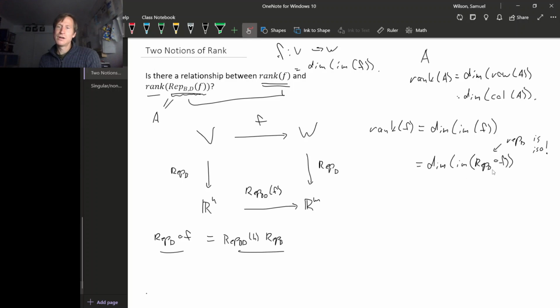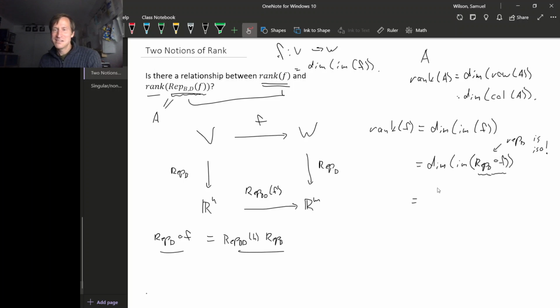Since rep D is an isomorphism, it can't collapse down any more vectors, so it can't make the image any smaller. Of course, it can't make it any bigger either because it's a function, right? So the dimension of these has to be the same. There's a slight detail in there that I could make precise, but I think I've made the idea clear enough.